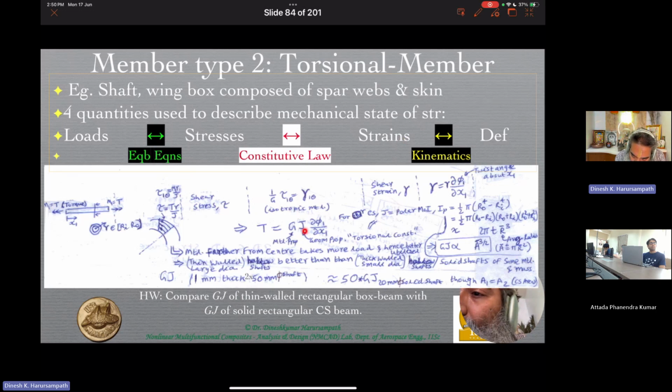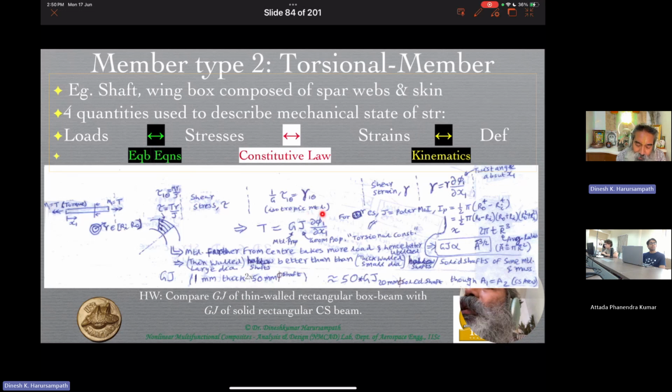When we relate those two, we end up with a very similar constitutive law. There it was Young's modulus. Here it is the shear modulus, which is the constant of proportionality. If taken on the side of the strain, or if it's taken on the side of the shear stress, it becomes the reciprocal of that. And again, we are assuming an isotropic material.